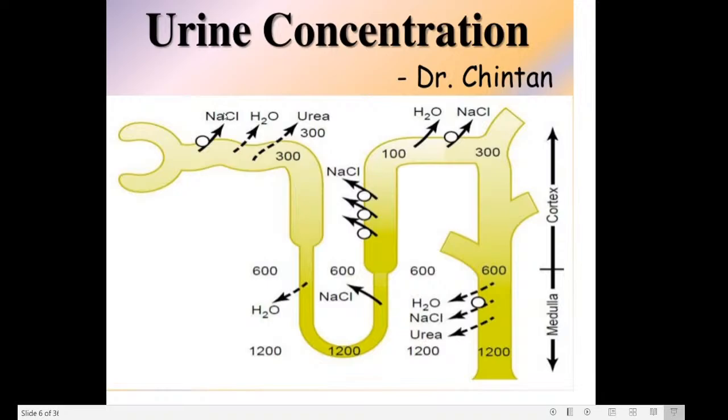This is the entry part, the glomerulus. There the concentration is low, in mOsm per liter or kg, mentioned in different forms in different regions. When it enters the tubule, the concentration of the urine becomes 600, because the plasma excretes some unwanted things.